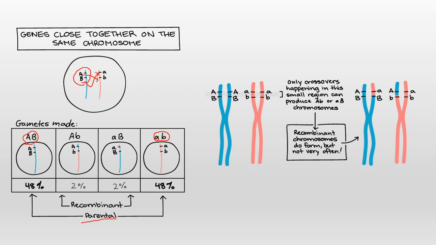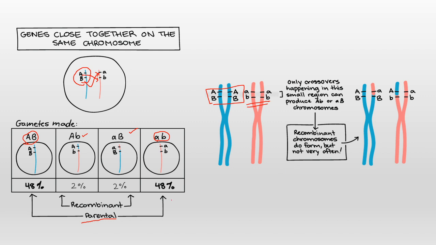When the two genes are nearby on the same chromosome, the only crossover happening in this small region can produce the non-parental combination, that is heterozygous capital A small b or small a capital B. So the recombinant chromosomes do form, but very rarely.